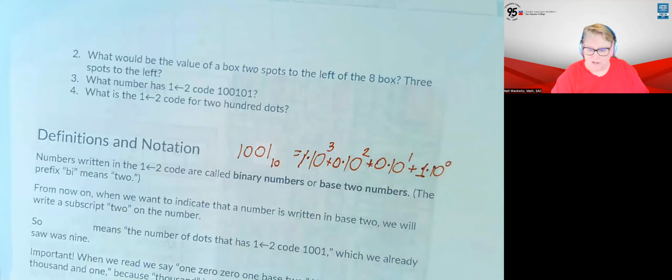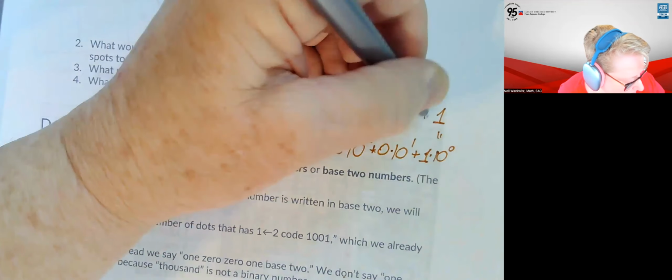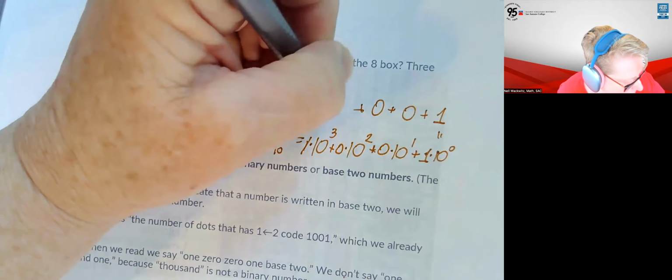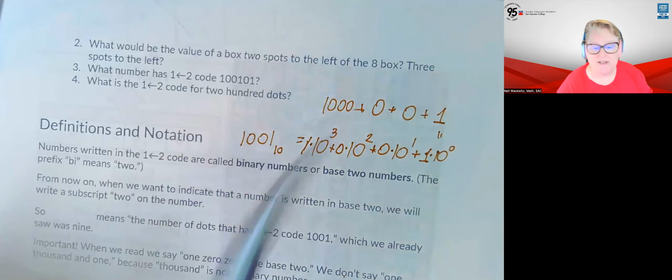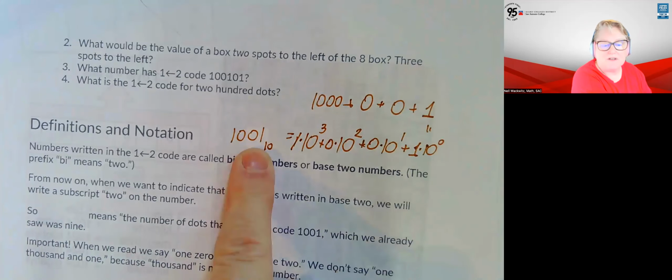Well, 10 to the 0 is just 1. So this gives us 1 plus 0 plus 0 plus 1000. The little exponent base 10 tells us how many zeros, a 1 and 3 zeros. And that is indeed the number 1001.